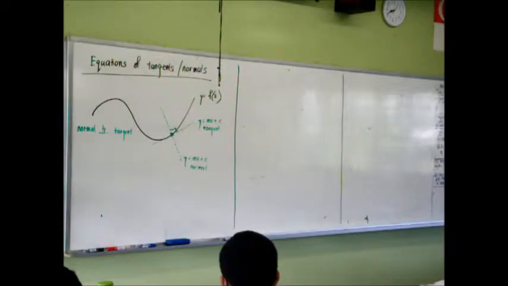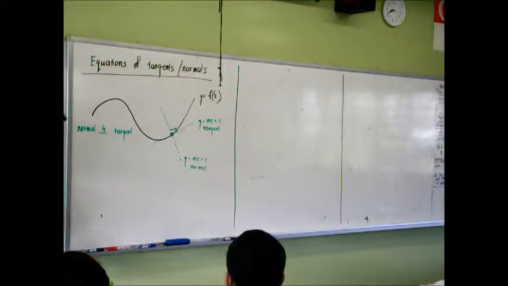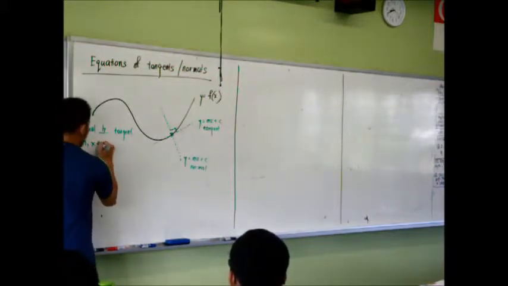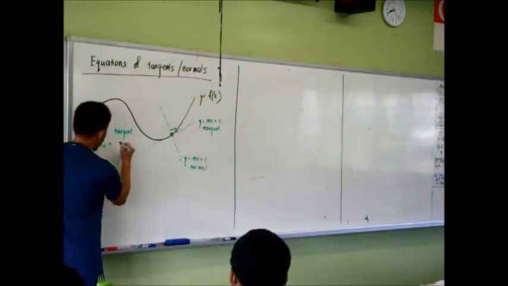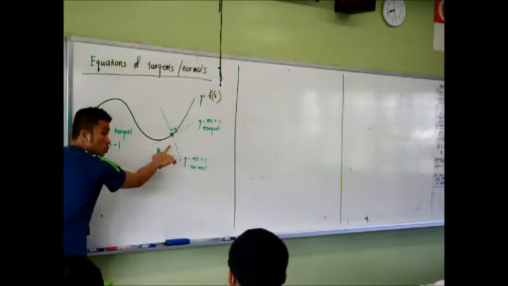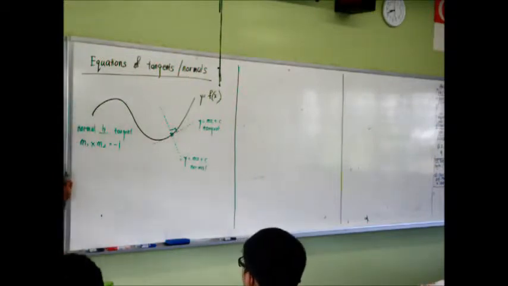But now, perpendicular. Have we come across something about perpendicular last year between two lines? Can you remember? What relationship? Yeah, m1 times m2 will give us -1. Meaning the product of the gradients of these two straight lines will be equal to -1.